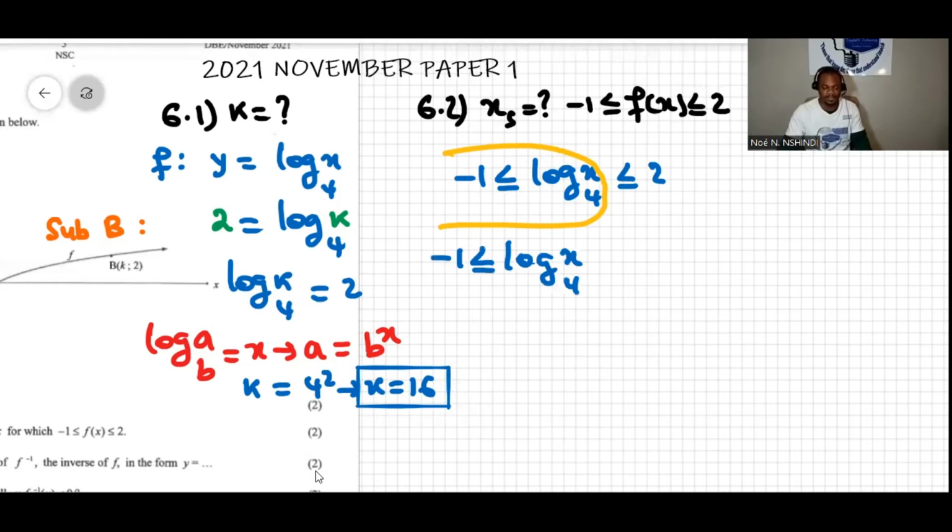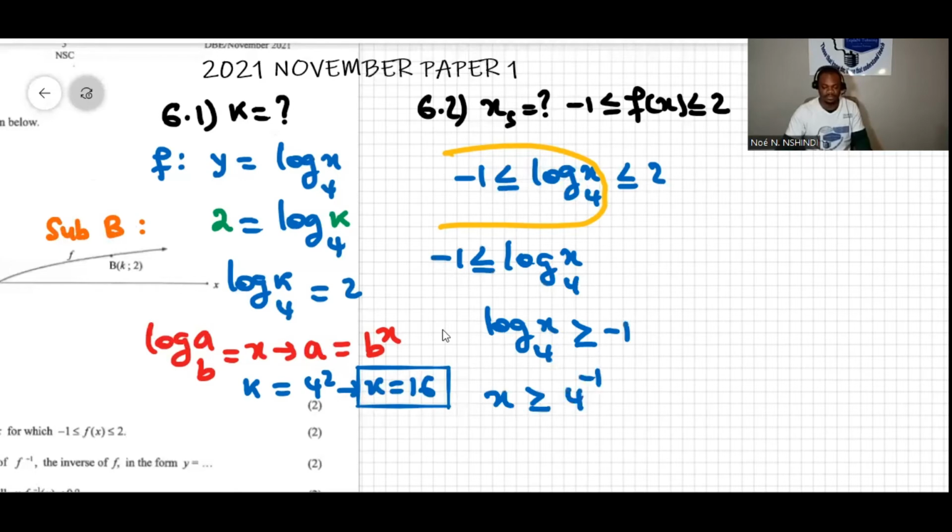We can reverse that order. So that means log of x base 4 is greater or equal to -1. Are we together? We just write the right hand side into the left hand side. Now, according to this formula, a equal to b to the x, this means that x must be greater or equal to 4 to the -1.